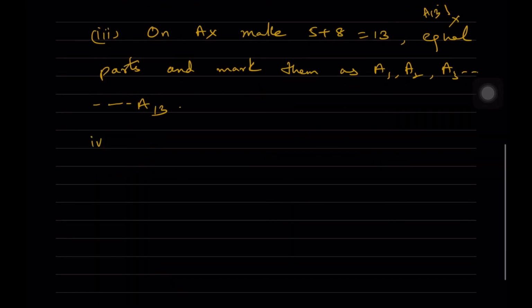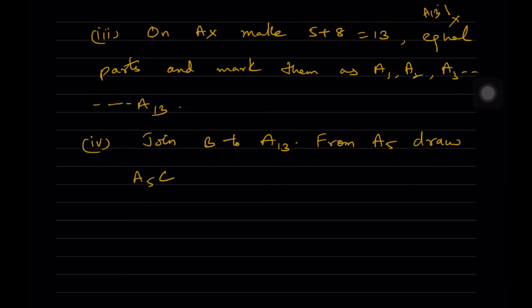Now the fourth step is, we join B to A13. Then from A5 draw A5C parallel to A13B. A5C is the line parallel to A13B.